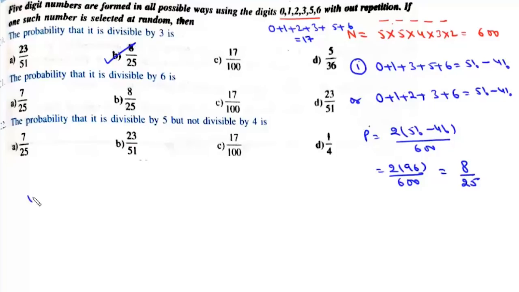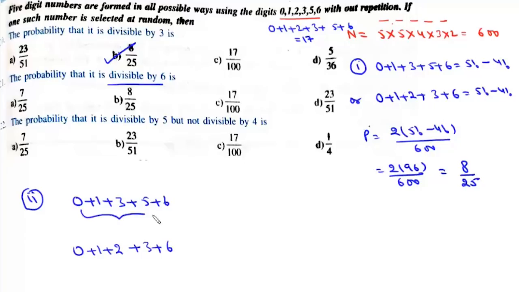Now the second one is find the probability that it is divisible by 6. For this, we know that the number is divisible by 3 if it is formed with either 0, 1, 3, 5, 6, or with 0, 1, 2, 3, 6. Now from these digits we have to form an even number.